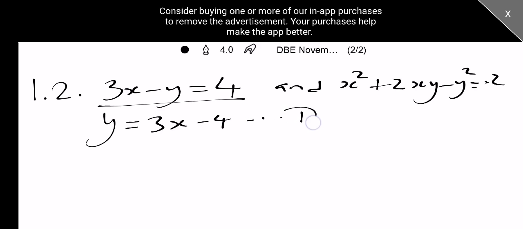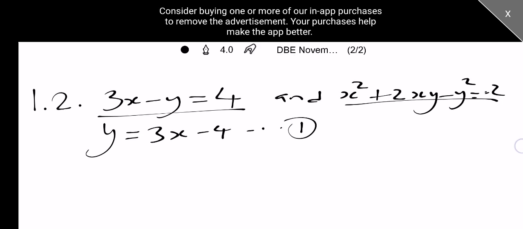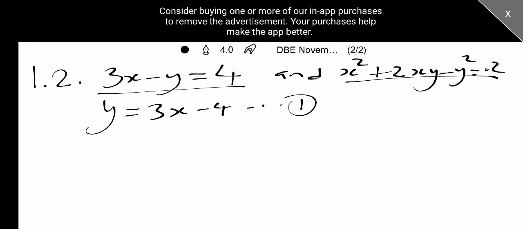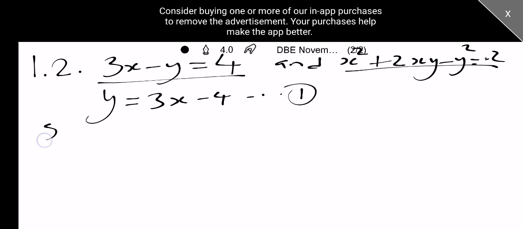This is going to be our first equation. Automatically the other is our second equation, but because of shortage of space I'm not going to indicate that. Now we're going to substitute equation 1 into equation 2.